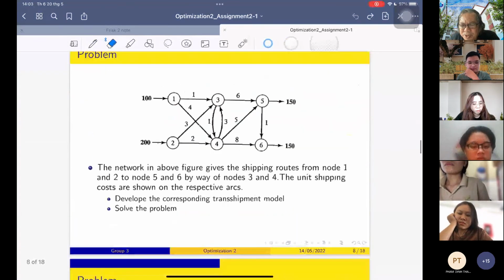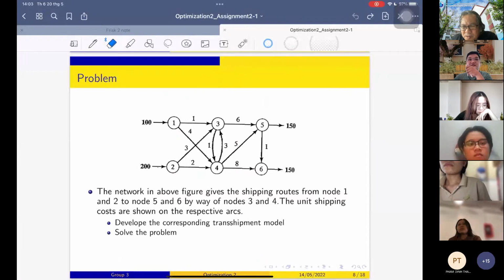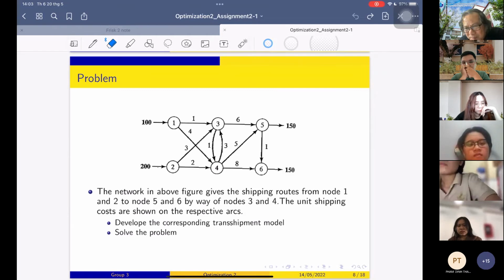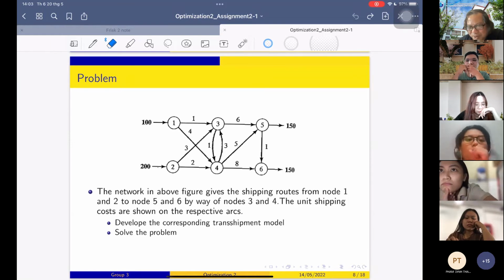You say that maybe we can go directly from the supply to the demand. But here there is no way to go directly. Is that right? Is there any way to go directly? So you cannot say that we can go through some transshipment nodes that are cheaper than going directly.